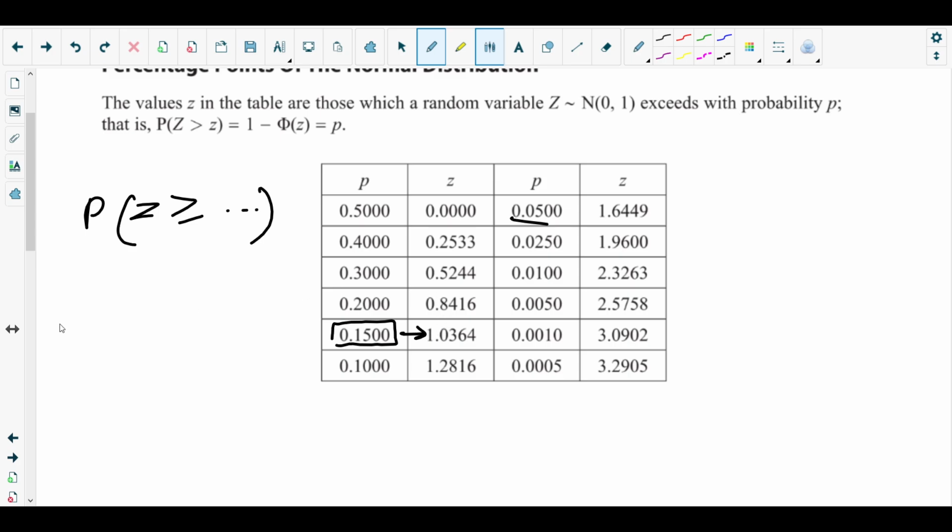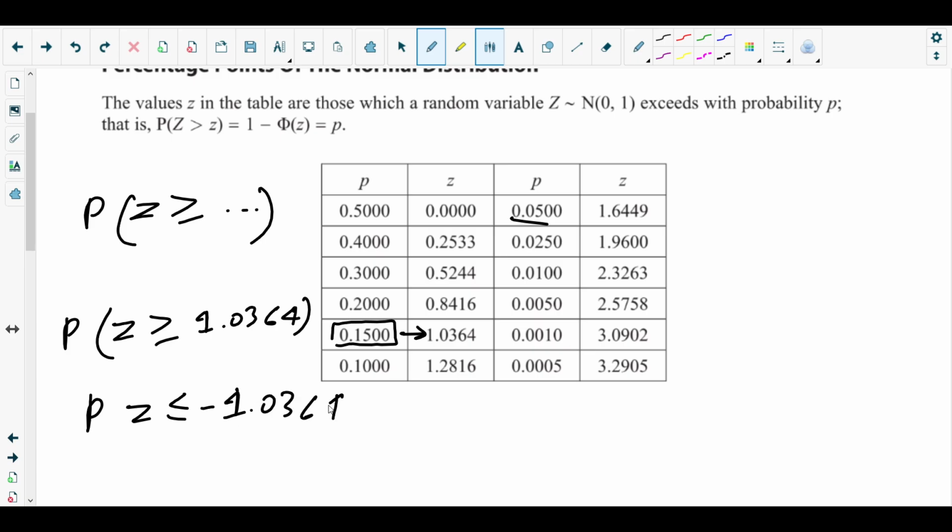Okay, so this is positive, but we need the smallest. This is positive because this is the top 15%, that's why. But we need the bottom 15%. So probability of z less than or equal, its corresponding negative value would be what? The same, using symmetry of the bell curve, right?